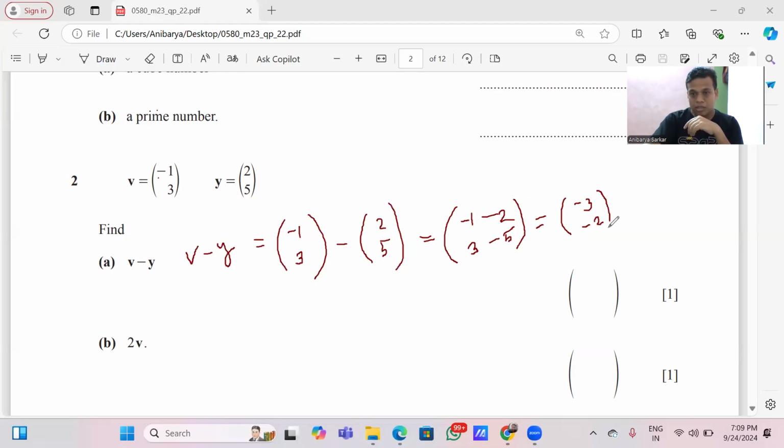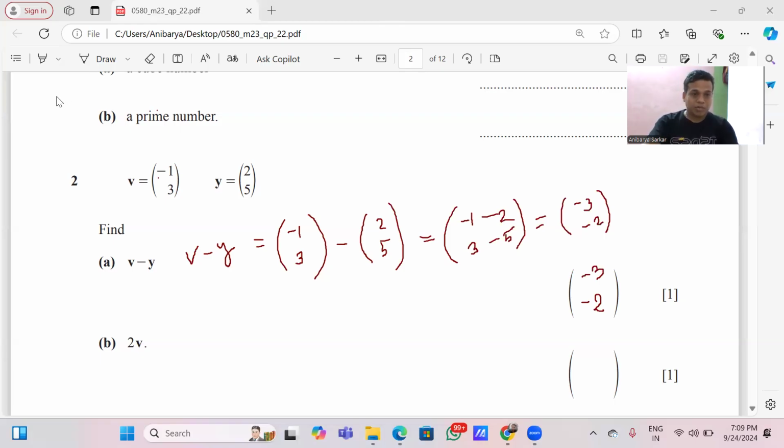So the answer is (-3, -2). Very simple. If there is addition, then add the first element with the first element, and the second element with the second element.